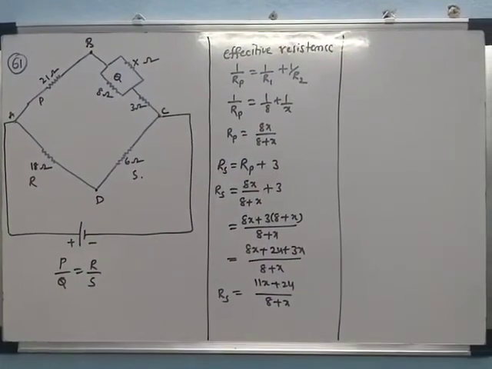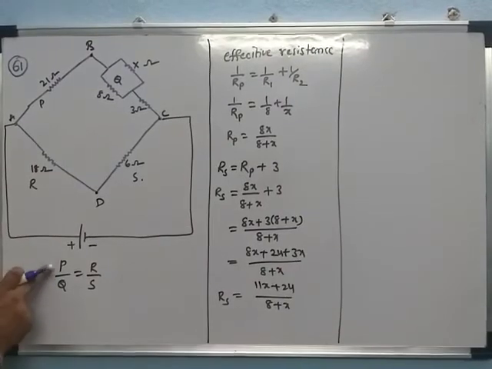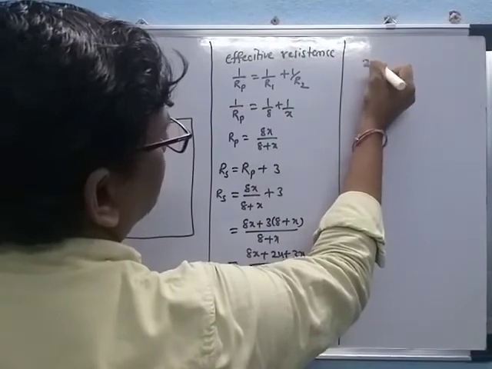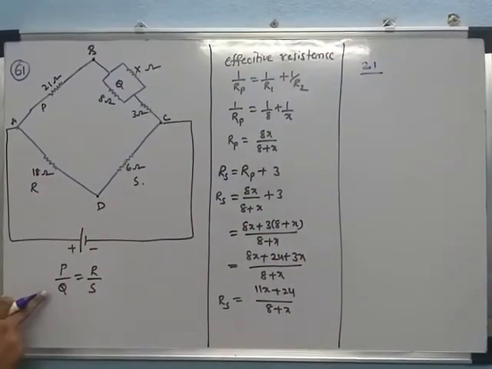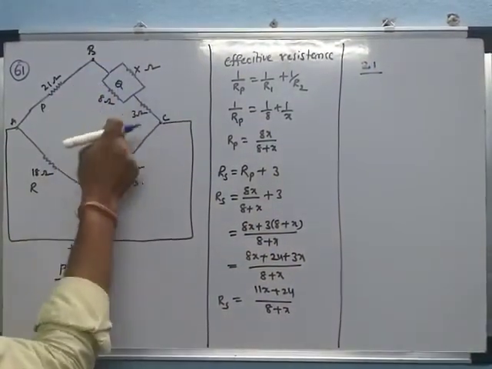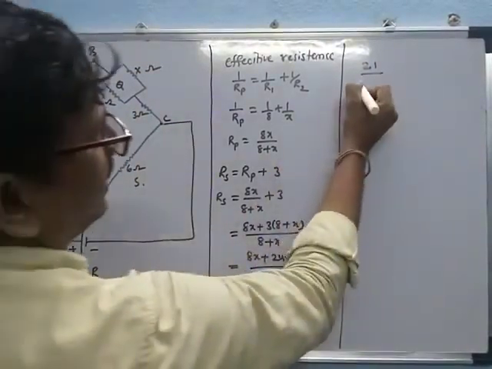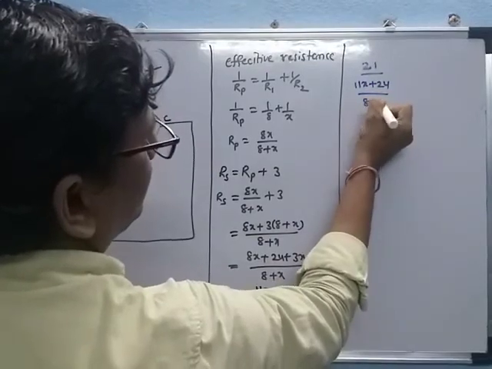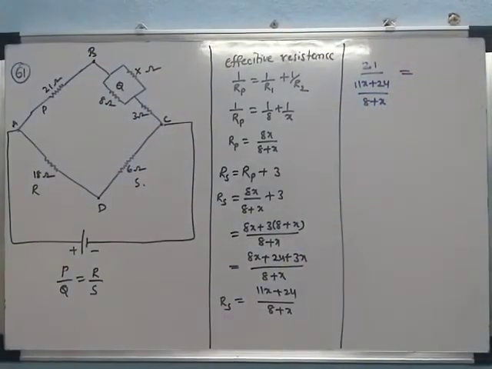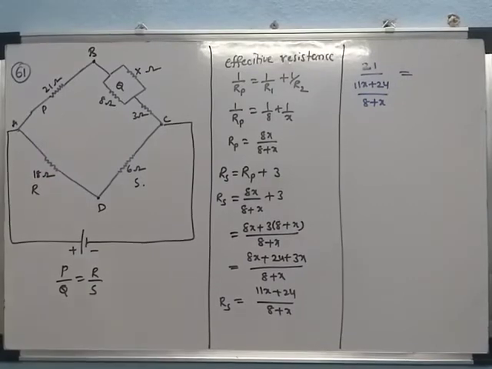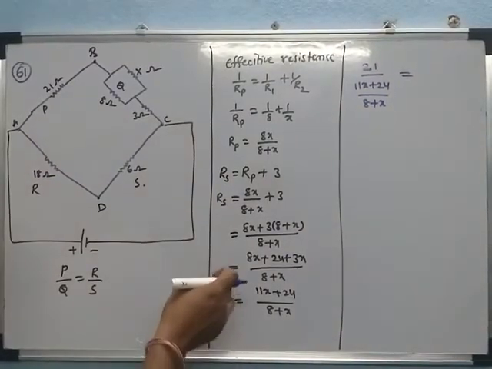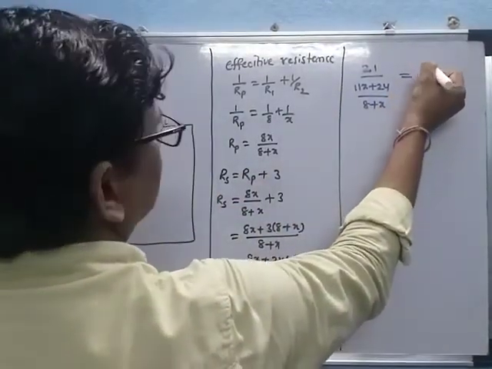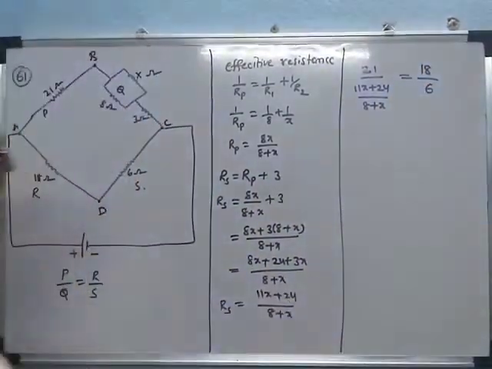Now we substitute this value in P by Q is equal to R by S. P is 21, divided by Q, where Q is the total effective resistance, 11x plus 24 by 8 plus x, is equal to R by S. R is 18 and S is 6.